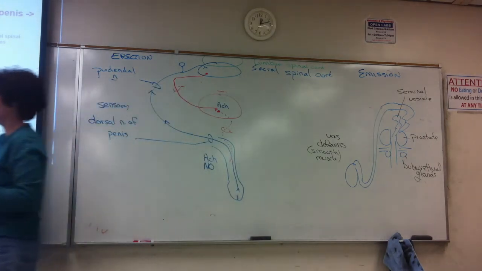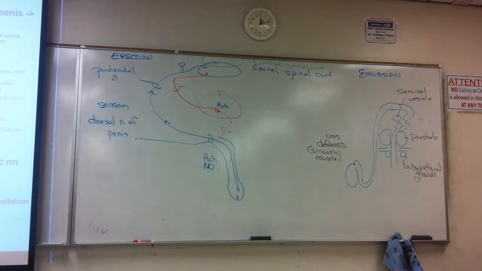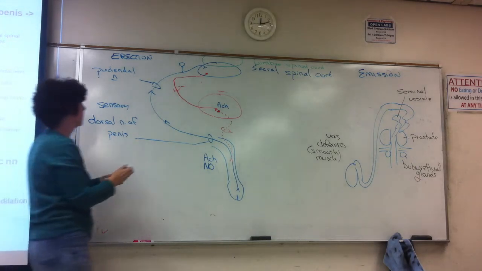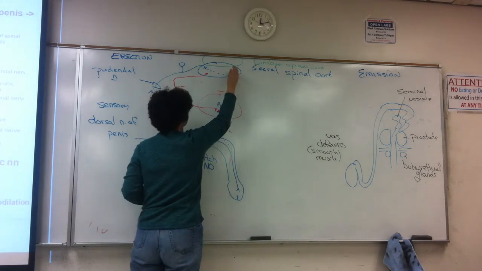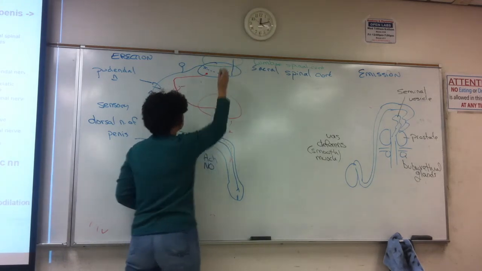So our sensory information that came into the sacral spinal cord is going to have to go up a little bit higher to reach the lumbar spinal cord. So we'll send it up.